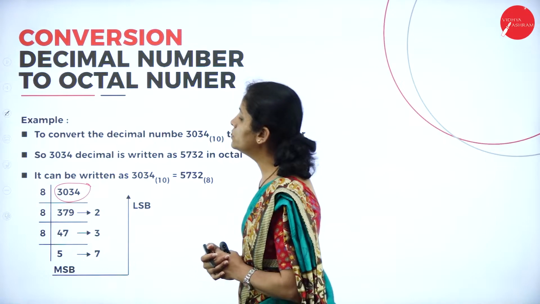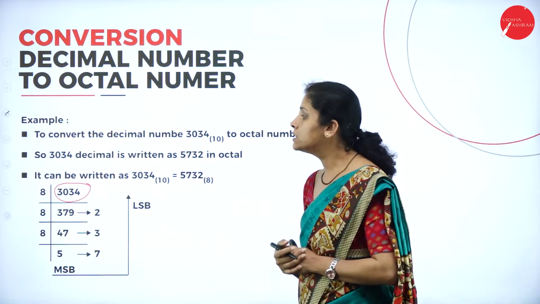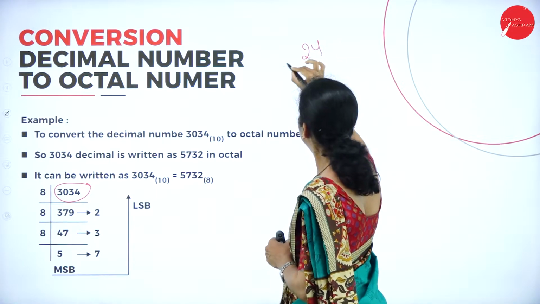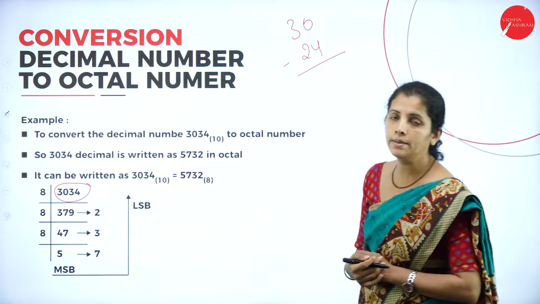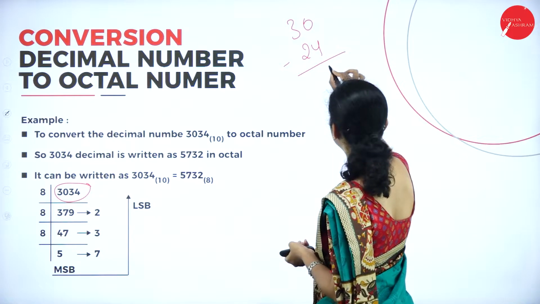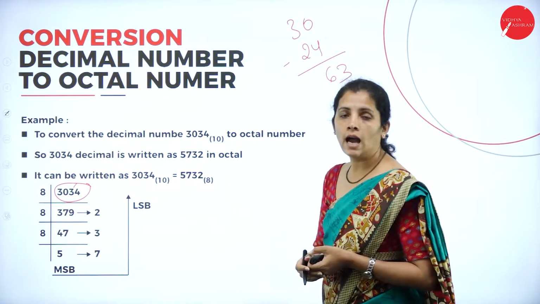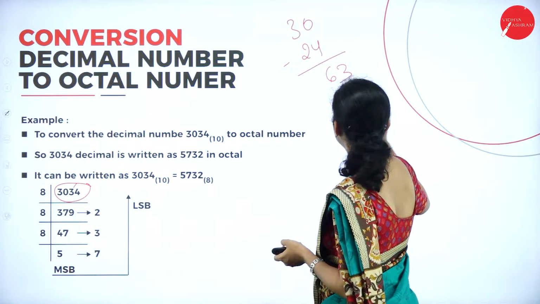See, I have the example 3034 and I'm going to divide that number by 8. So 8 3s are 24. 30 minus 24 is 6. Along with that, I bring down 3. Now 8 7s are 56.